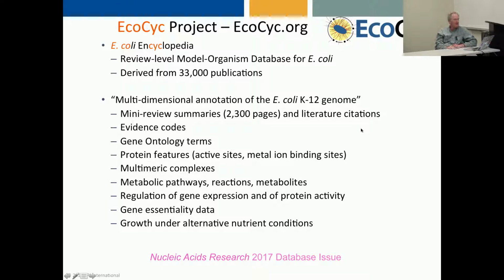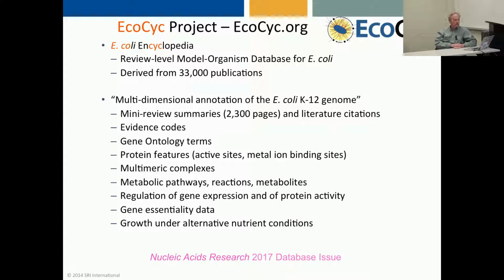And so the curators do two kinds of things when they're extracting information from a publication. They'll take little atomic pieces of information and put them into appropriate fields of the database, like the molecular weight of an enzyme, or the PI of an enzyme, or kinetic information about an enzyme. Lots of numbers.